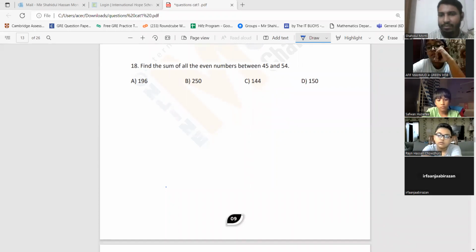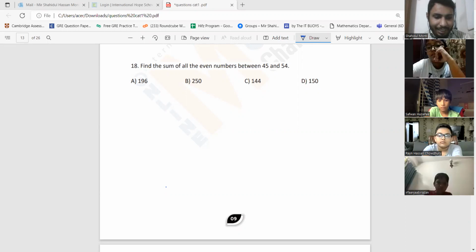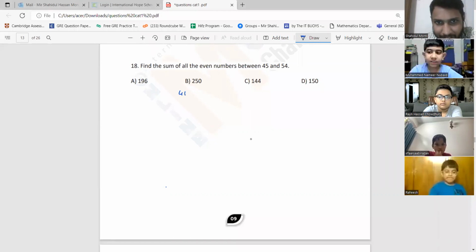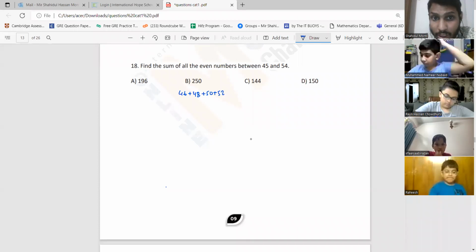So between 45 and 54 we have 46, then 48, then 50 and 52. If we add them, that should be equal to 196. Students, this is a test of the English language.